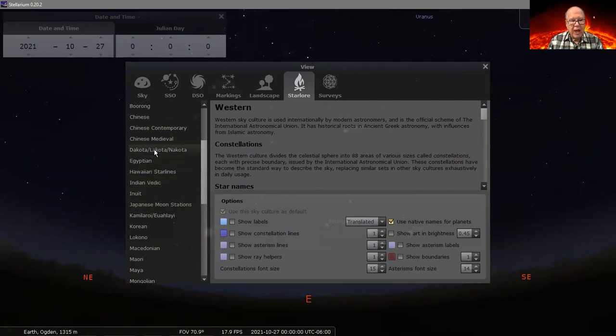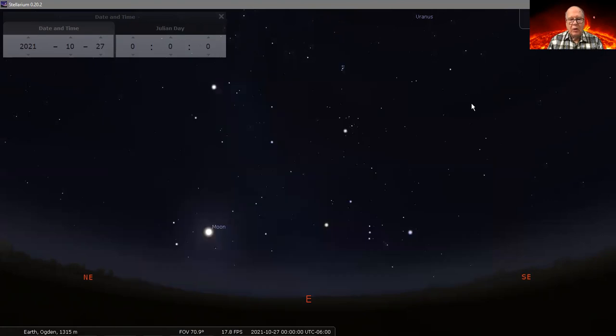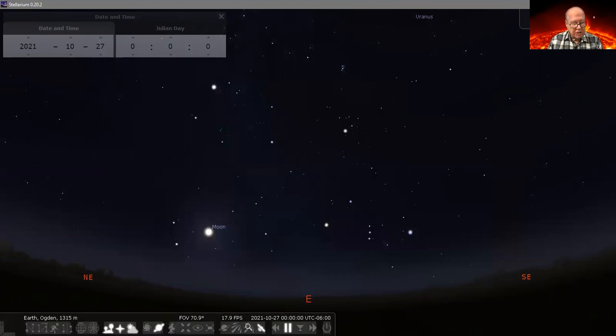Let's take a look at the Native American Lakota people. What did they see in the sky? Well, let's take a look here. Here are the constellations. But if we take a look at constellation lines, they look quite different.